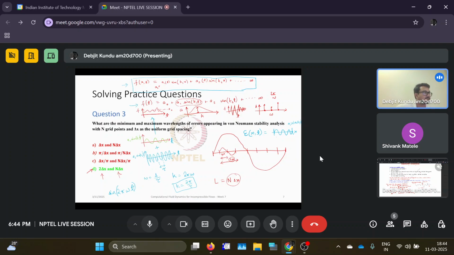So k1 tells me what this wavelength will be, and the first part, the k1t amplitude, tells me whether this will grow in time or decay in time. If that's positive, this particular mode will become something like this.